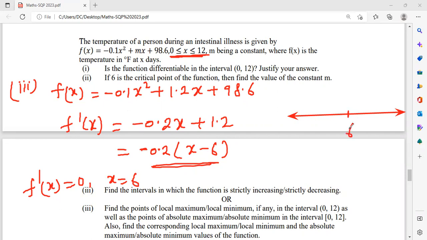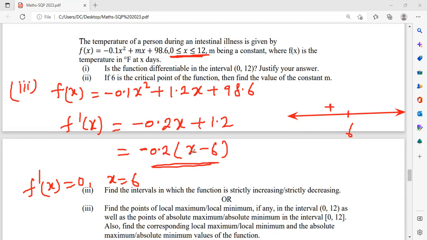We will see what the value of f'(x) is when x is slightly less than 6. Slightly less means you consider x equal to 5. 5 minus 6 is minus 1, and minus 1 into minus 0.2 is positive.